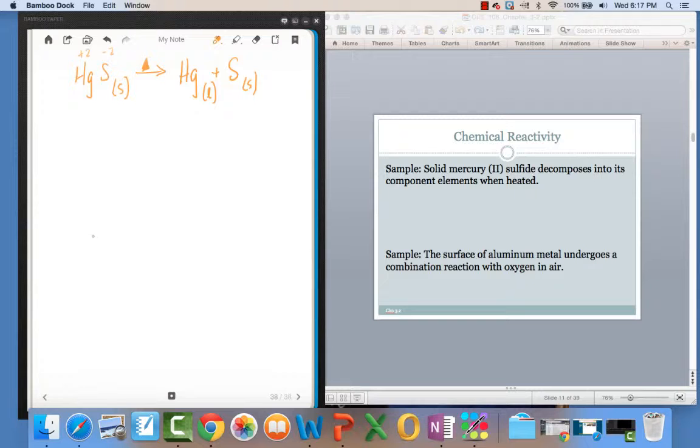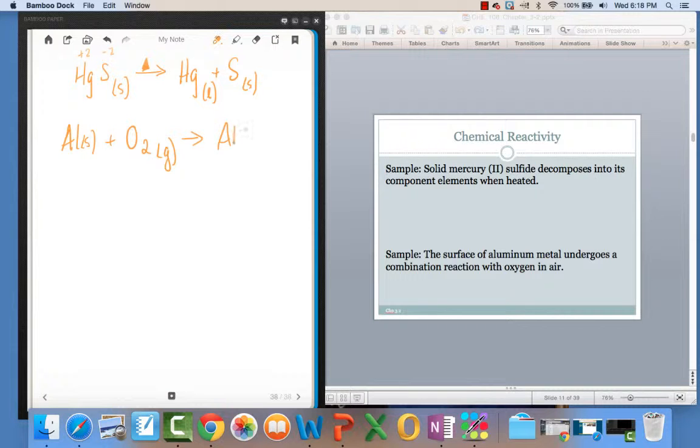Another example, the surface of aluminum metal, so I know I have aluminum solid, undergoes a combination reaction, so I'm forming something, with a reaction of air. Remember, anytime we write one of the Brinkelhoff elements by itself, it has to be O2. And we know that oxygen is a gas. So they form a reaction.